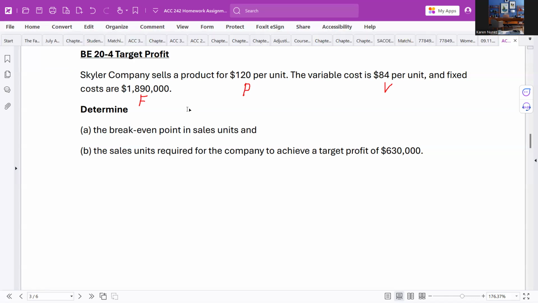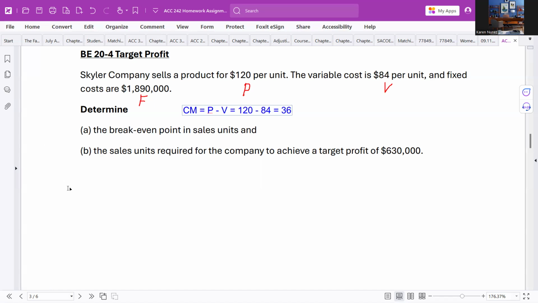So when we put all that together, remember the unit contribution margin is going to equal P minus V, which in this case is that price of $120 minus the variable cost of $84, which just equals a unit contribution margin of $36.